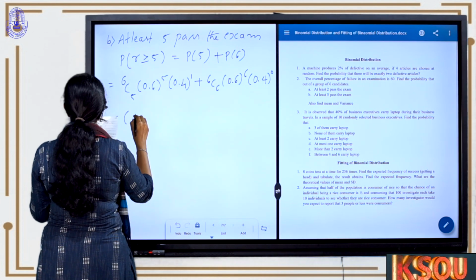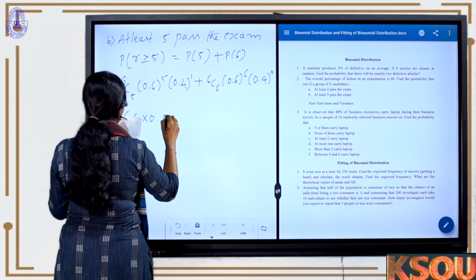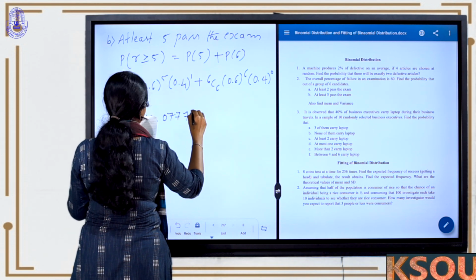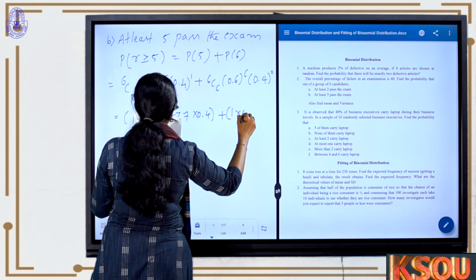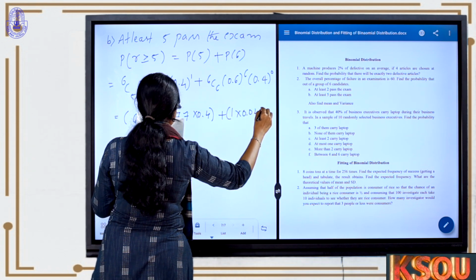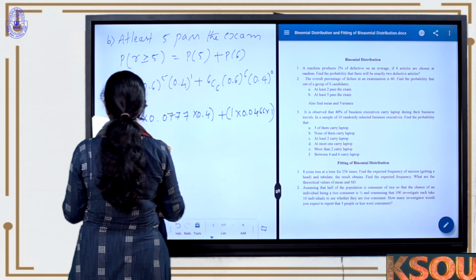So here 6 into 0.0777 into 0.4 plus 1 into 0.0466 into 1.